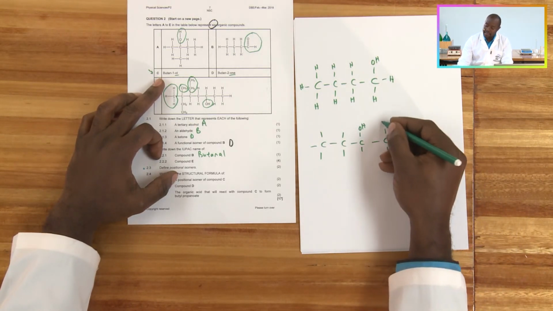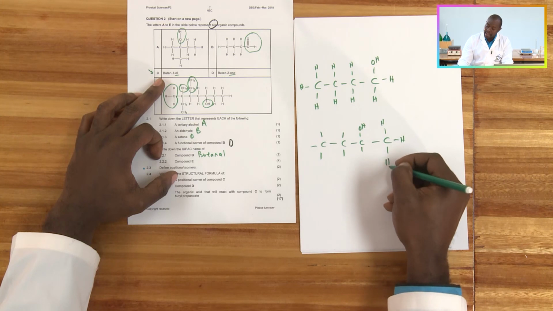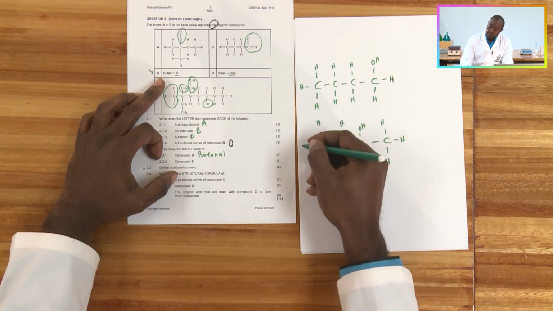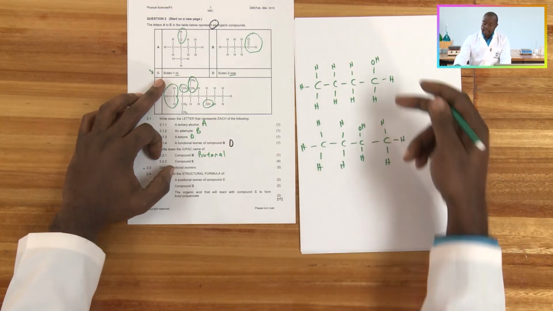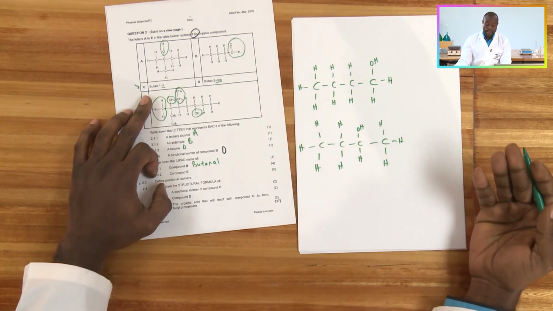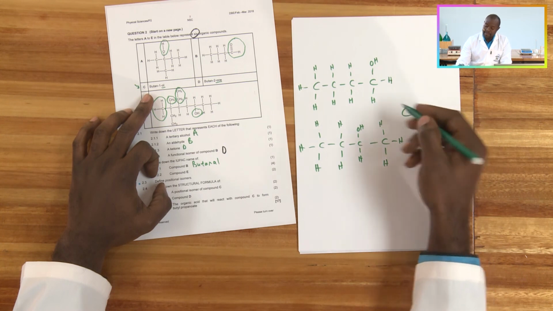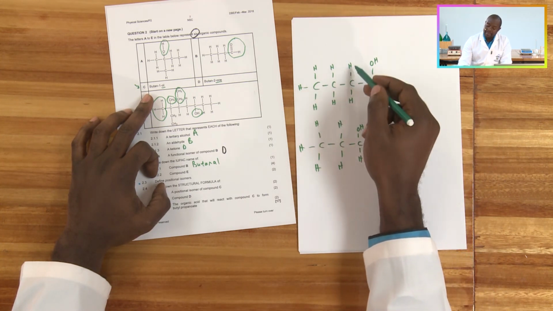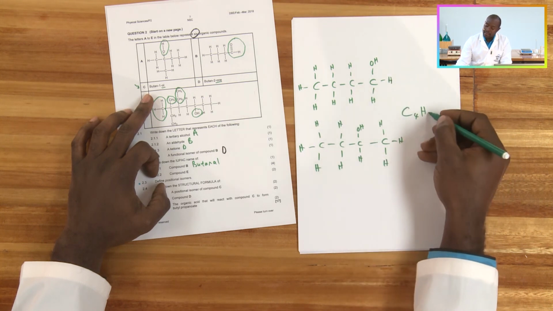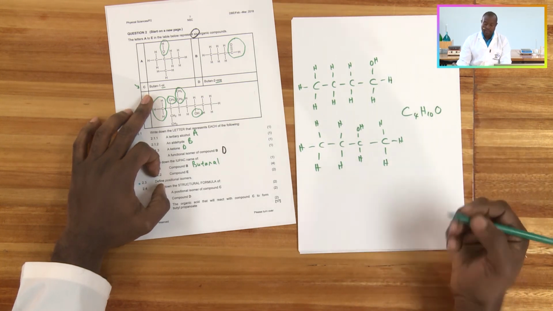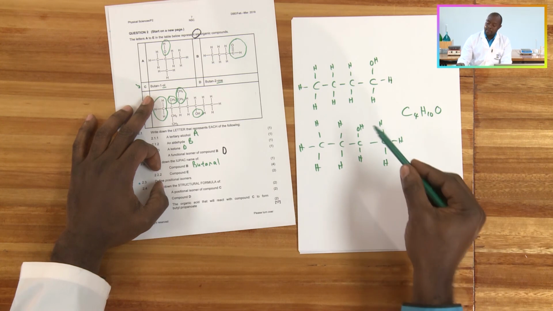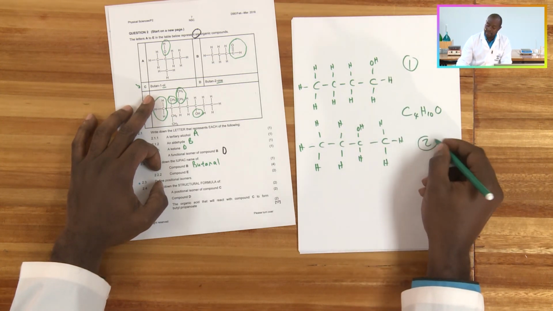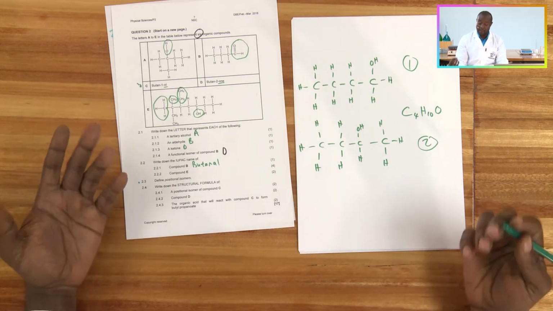And just realize that we are putting hydrogens. These two are going to have the same chemical formula, which is C4H10. Both of them have the same chemical formula, but our OH here is on position 1 and there it is on position 2. So they are position isomers of each other.